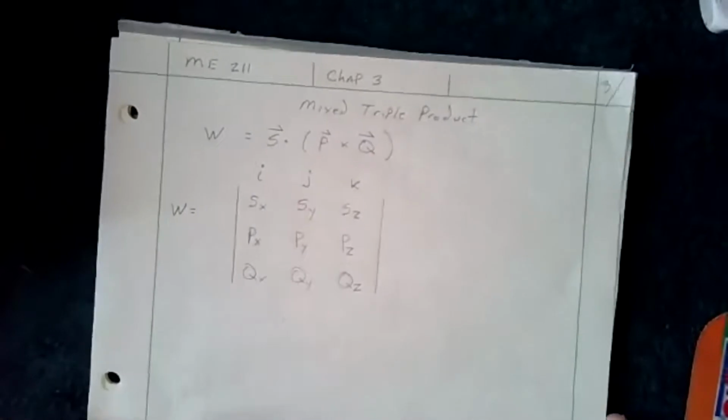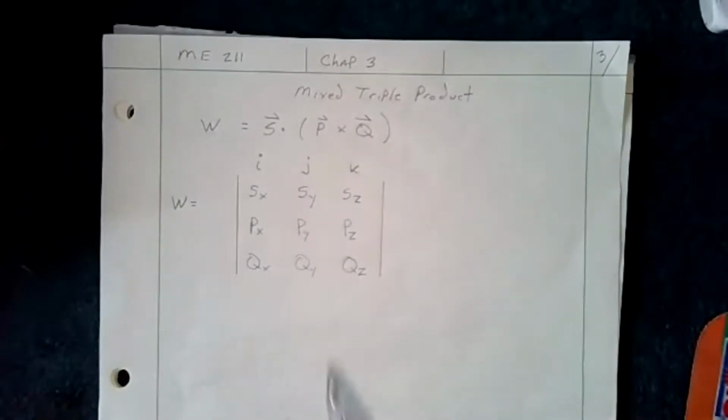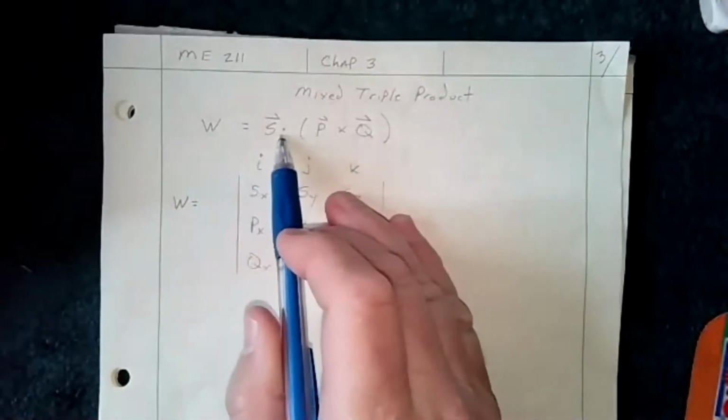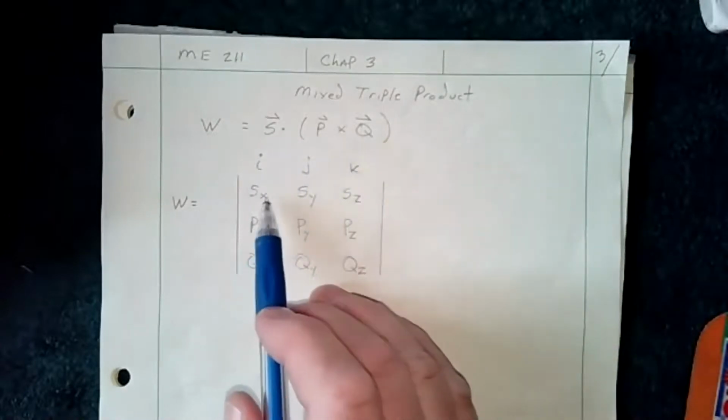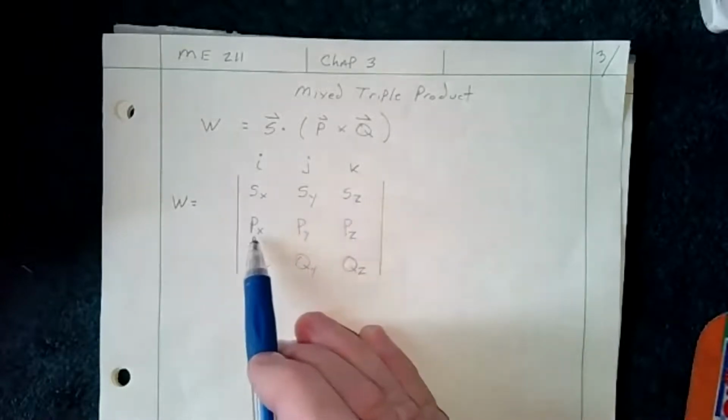So here's our mixed triple product. Let's say we were trying to find S dotted with P cross Q. Here are our XYZ components.